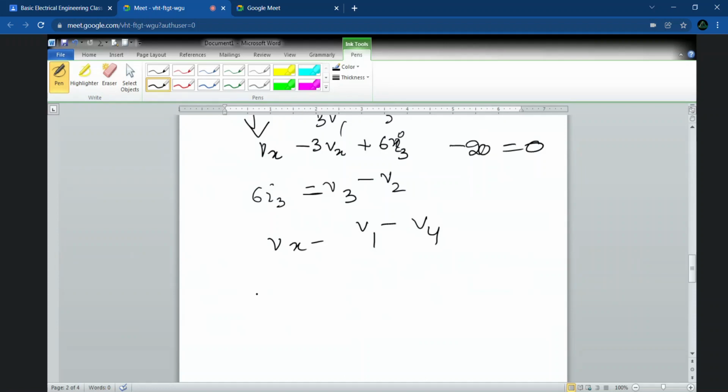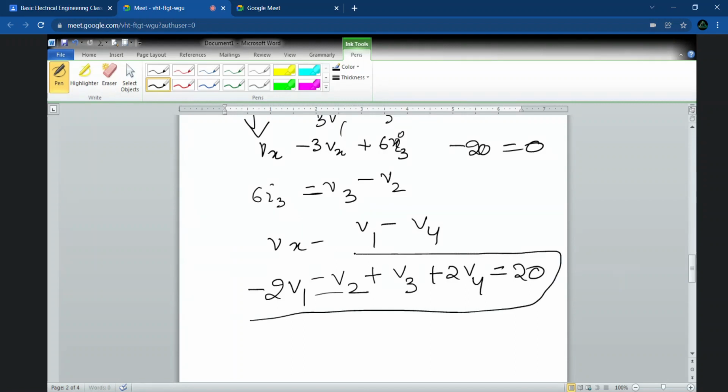So what is the final equation we'll get? Minus 2 v1 minus v2 plus v3 plus 2 v4 is equal to, is this equation clear to everybody? Yes, ma'am.